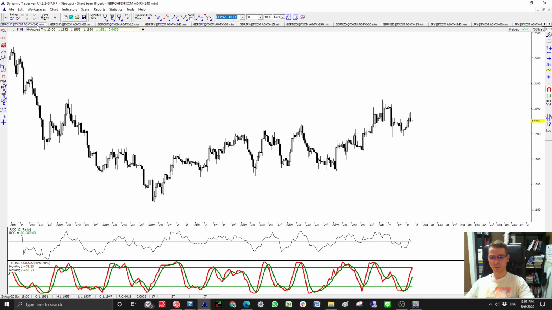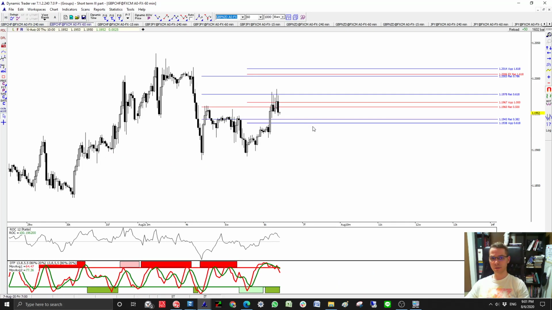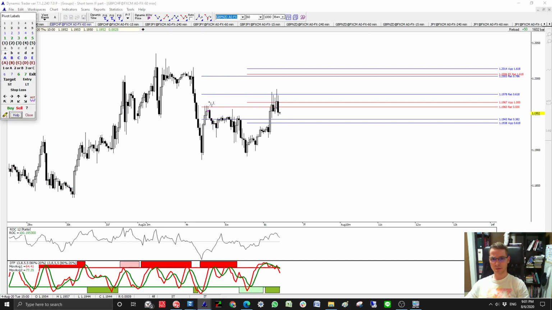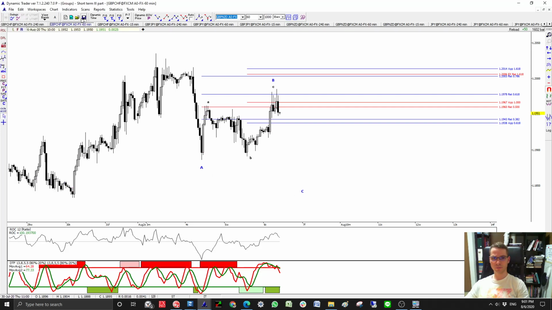So what happens here? Yeah, but the momentum on the 4-hour chart is not good. So a reversal would have been nice here, like at least going down, momentum going down, and then here we would have an A, B, C of the B, and then short it for the C wave. But I'm not supported by the higher time frame momentum, so forget about it.